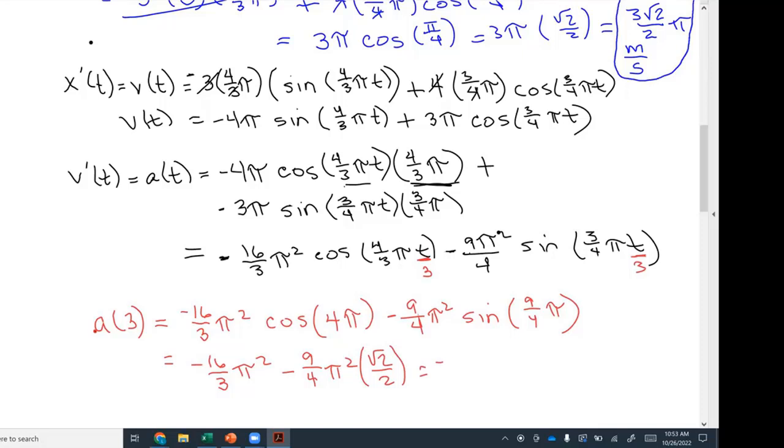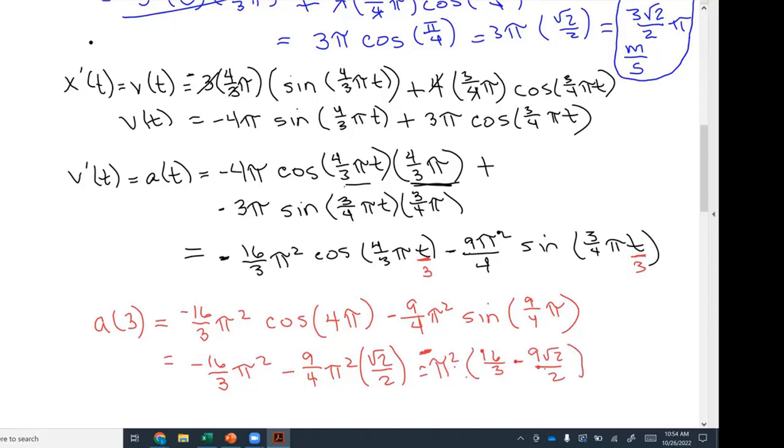So we get negative 16/3. Actually, I'm going to write it like this, just to make it a little prettier. I'm going to factor out that pi squared. And then I'm going to, actually, I'll factor out negative pi squared. And then I just get 16/3 minus 9 times the square root of 2 over 2.